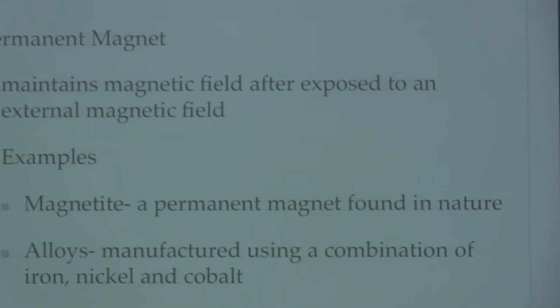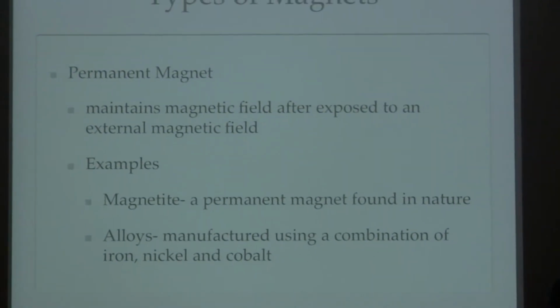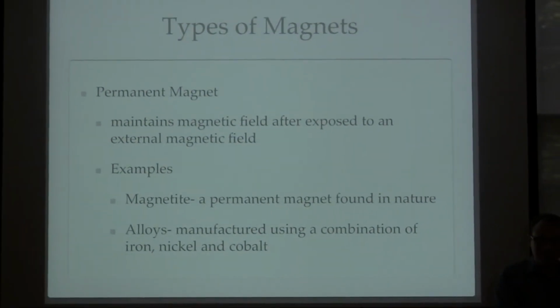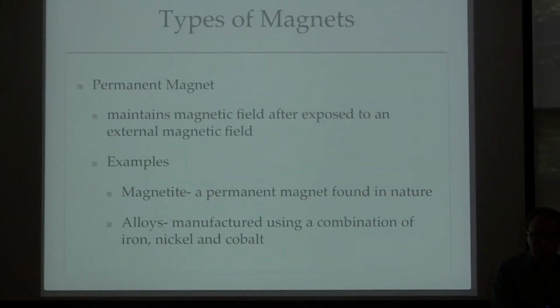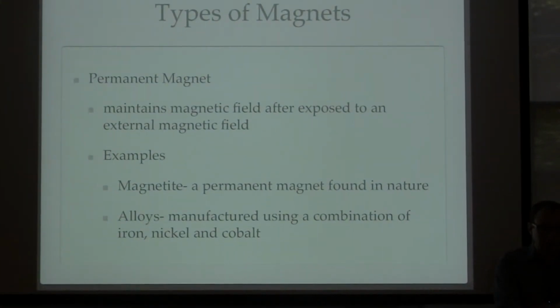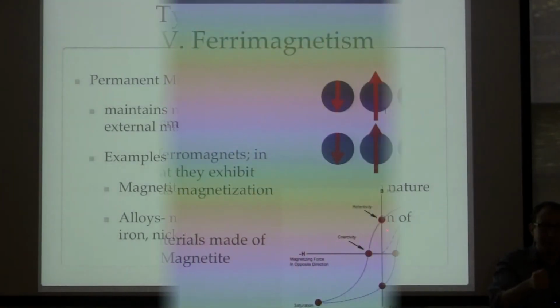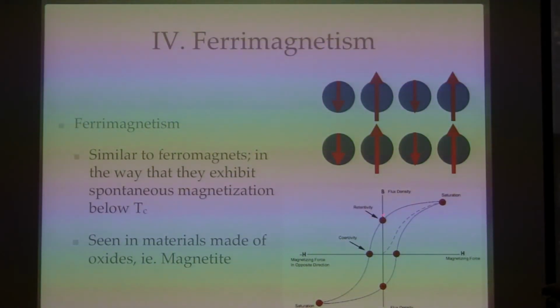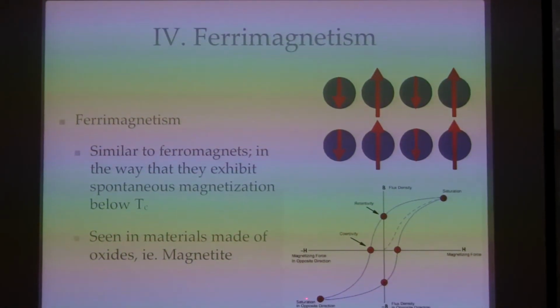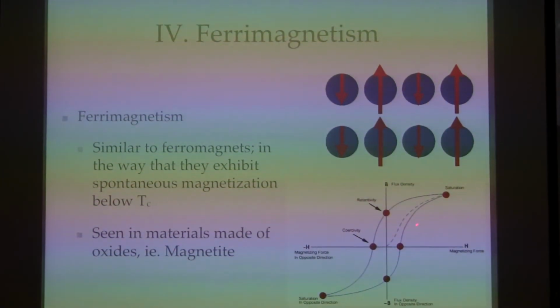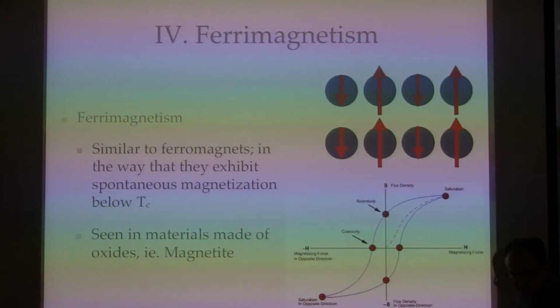Permanent magnet. So what's an example of a permanent magnet? Okay, like the lodestone we talked about. I always think about fridge magnets. The coercivity and retentive magnetic properties, looking at saturation, so we can look at our full hysteresis loop.